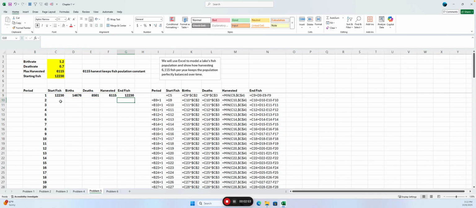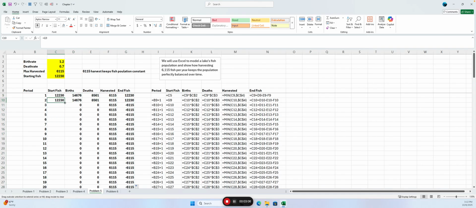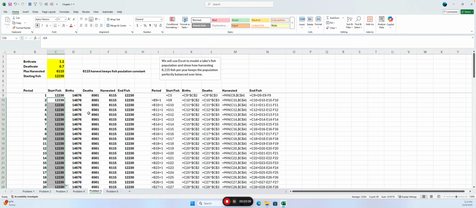Hit enter. For period 2, we start with the end fish in period 1. And then we can drag this down, make sure we drop this over here too, and voila, we're done with that part. And if you look, you'll notice something interesting.